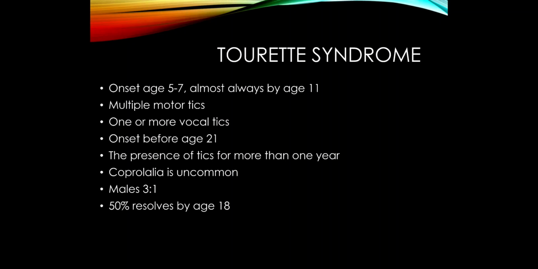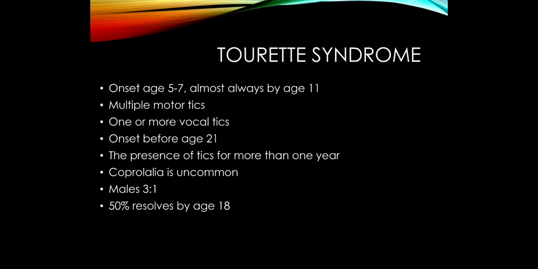Tourette syndrome is another hyperkinetic disorder that almost always starts in young individuals, usually before 11, most typically between ages 5 and 7. These patients have multiple motor tics. They're usually stereotypic for the individual, meaning that different patients with Tourette's have different types of tics.